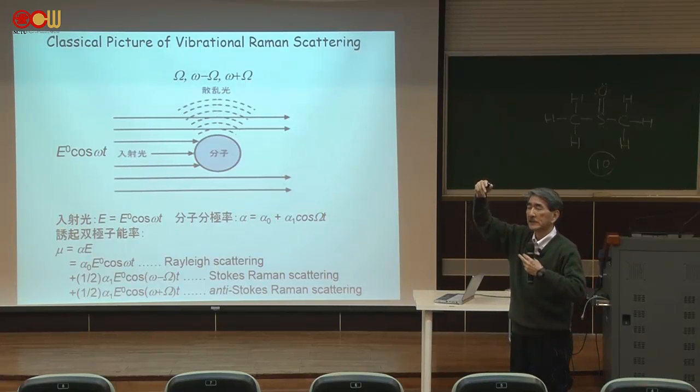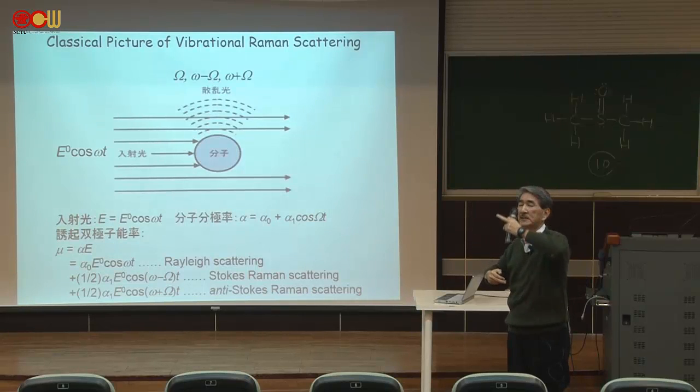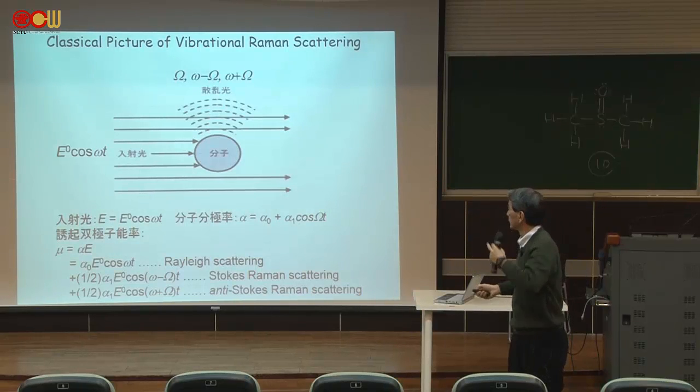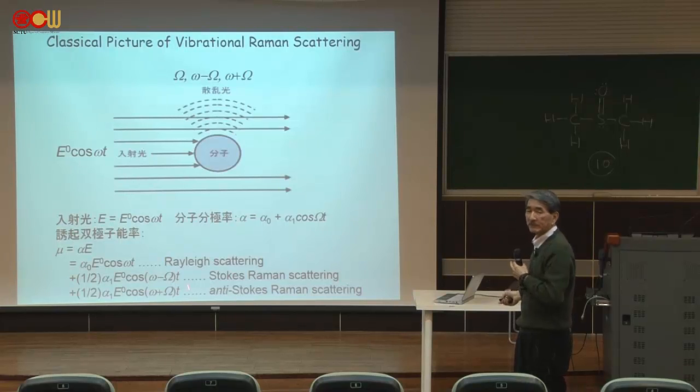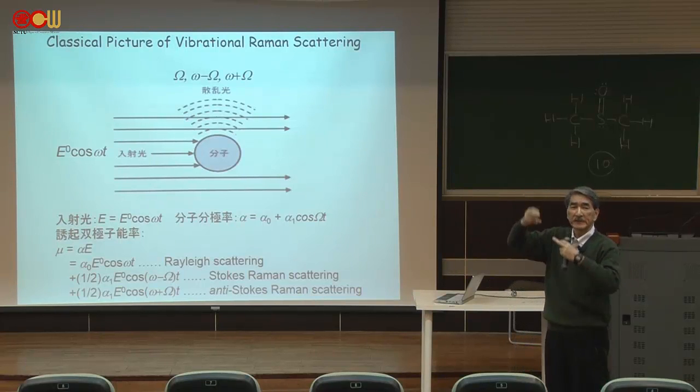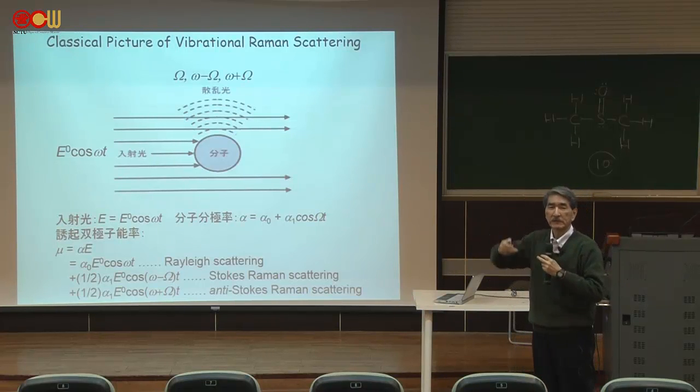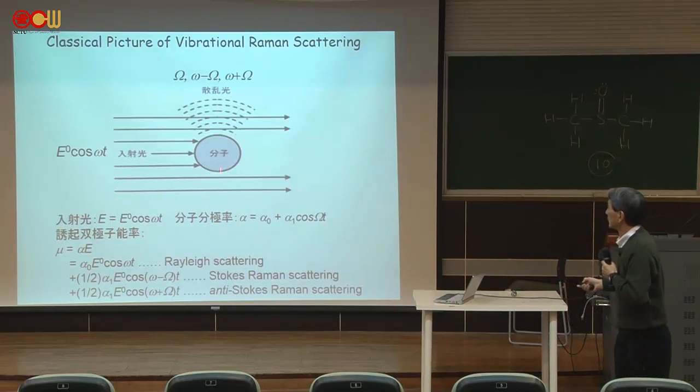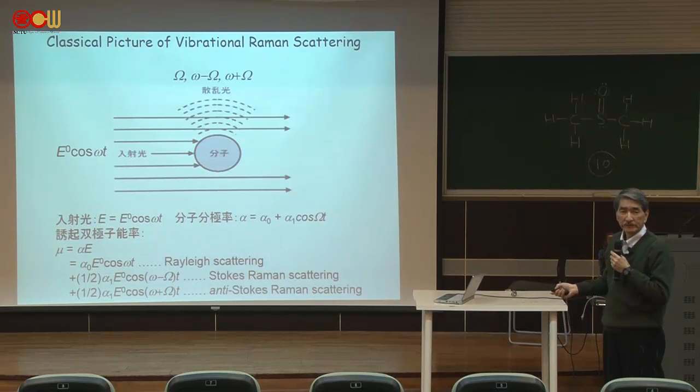And if the polarity reverses, because this one is vibrating, then it goes another way. So that means there is some dipole moment induced in this one, according to the oscillating electric field.